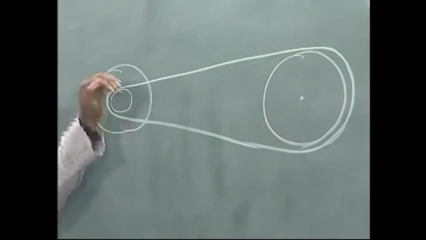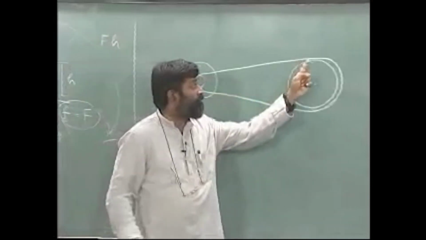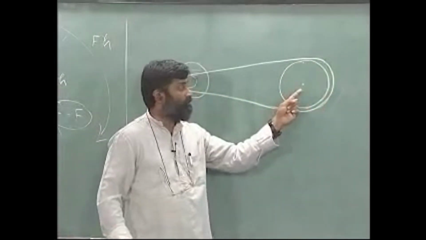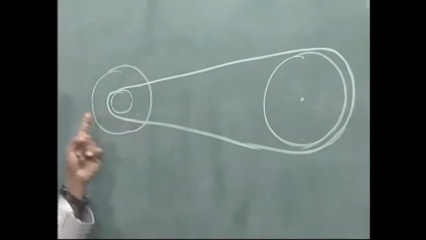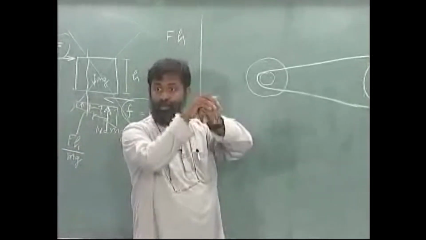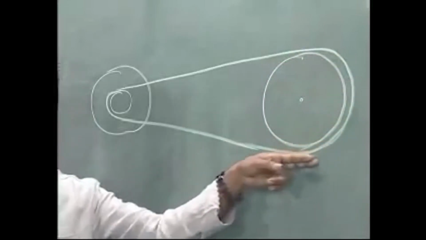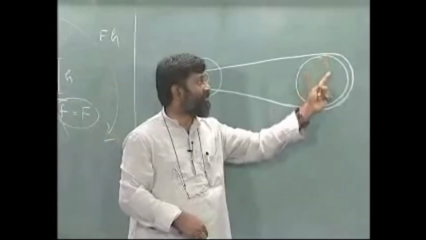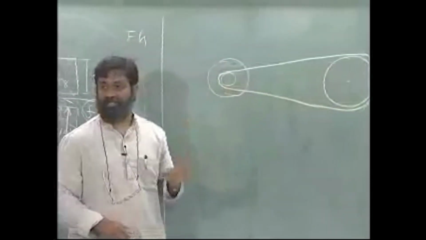So, what is basically happening is when this is rotating, the friction between the pulley and this. So, here when it is rotating, the belt has a friction on this rotor that takes it up along the belt, transfers that friction through this, so that this rotates when this rotates.